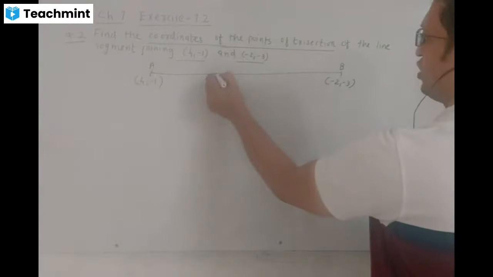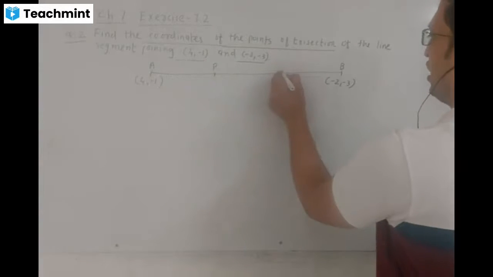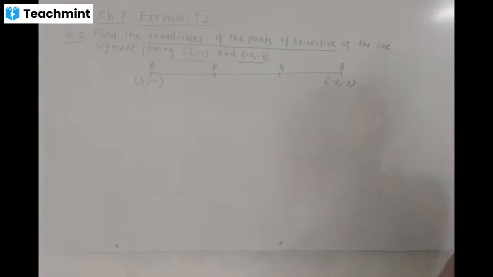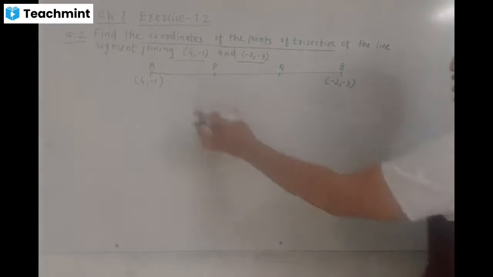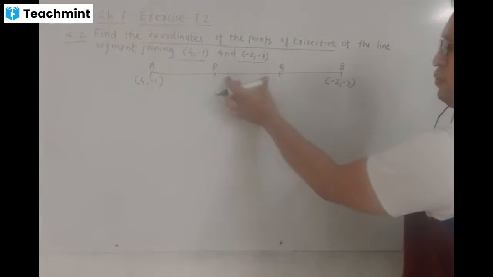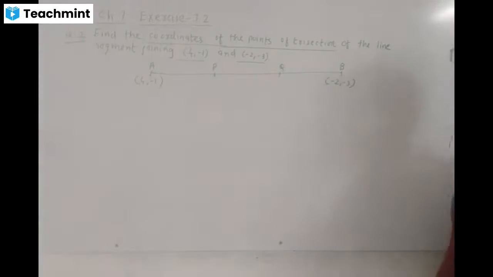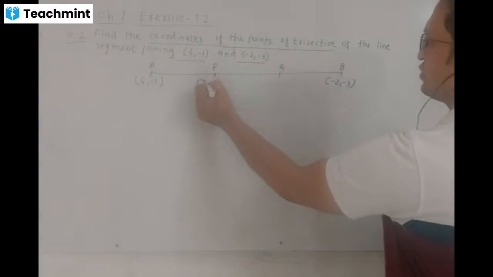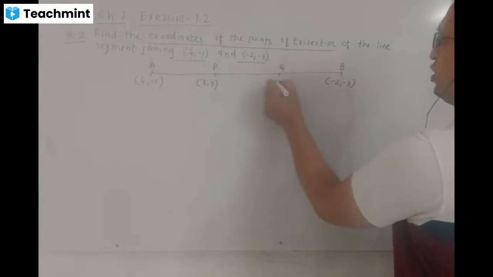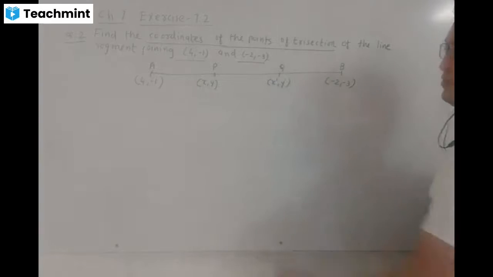P and Q are the points that trisect the line segment AB, that means AP is equal to PQ is equal to QB, and point P is (x, y) and Q is (x', y').